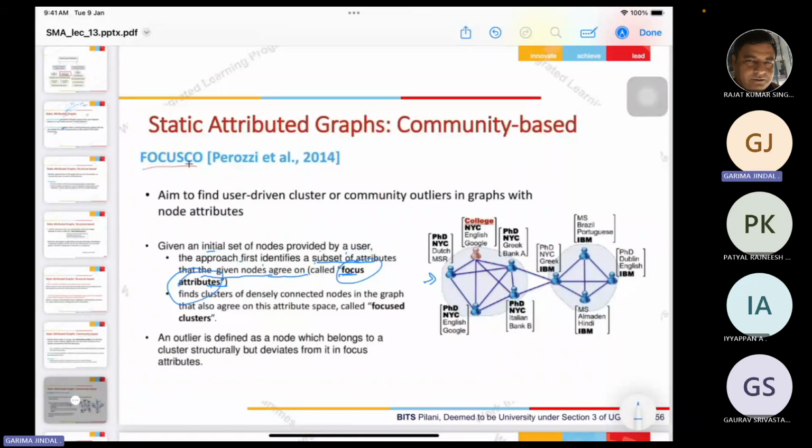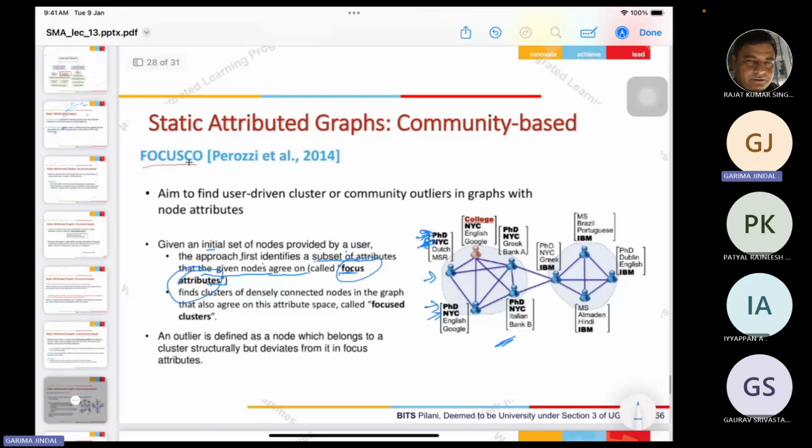Now in this particular example, I have this community. In this community, we have two attributes considered as focus attributes: the place of the student and the degree of the student. We can see that most of the nodes have a PhD, and there is only one node that has a college degree. Because this node has a different focus property, it is considered anomalous.